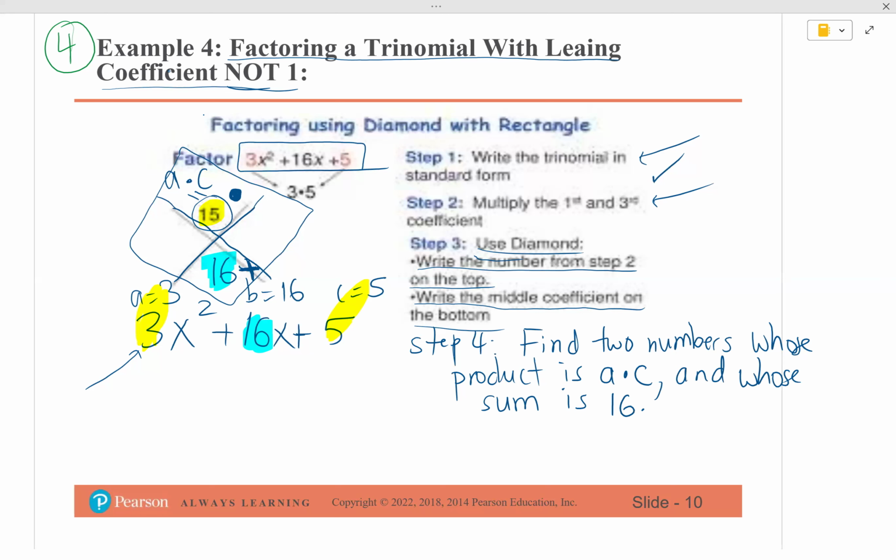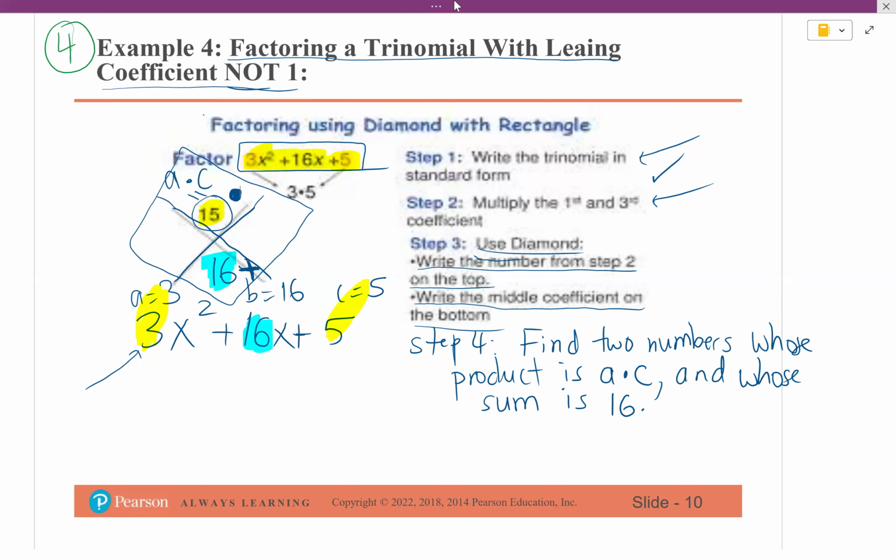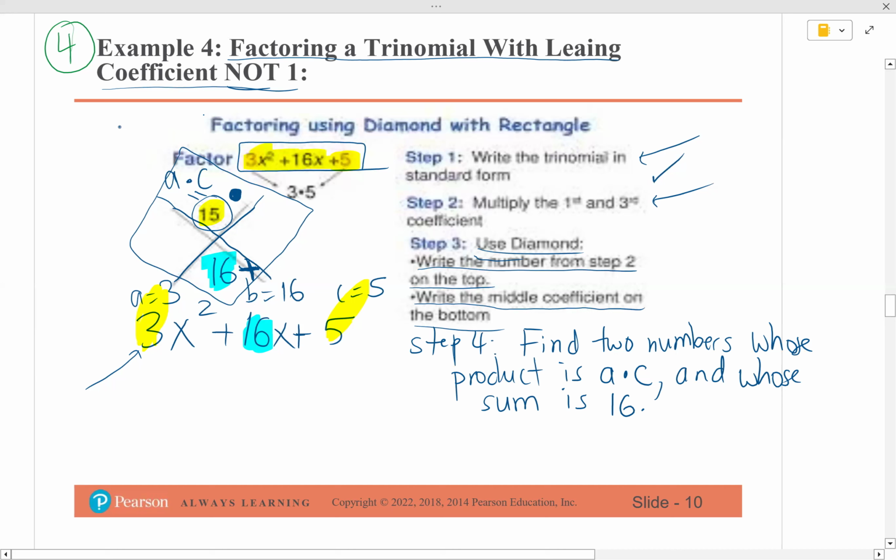But notice that the original problem I was given was 3x squared plus 16x plus 5. If I looked at that, I don't know if I would remember what I'm trying to do. I'm not trying to find 2 numbers whose product is 5 and whose sum is 16. I'm looking for 2 numbers whose product is 15 and whose sum is 16. That's why it's nice to have this little diamond or X thing to put your ideas and thoughts in.